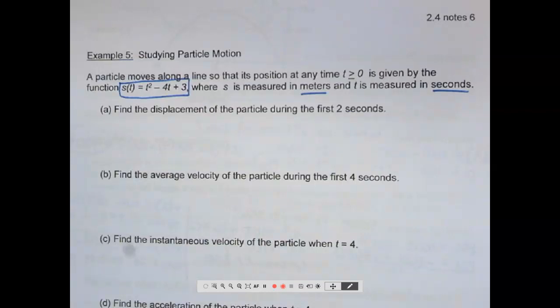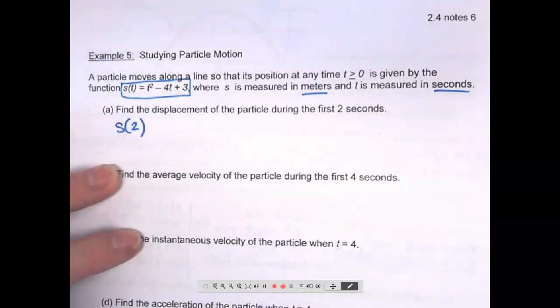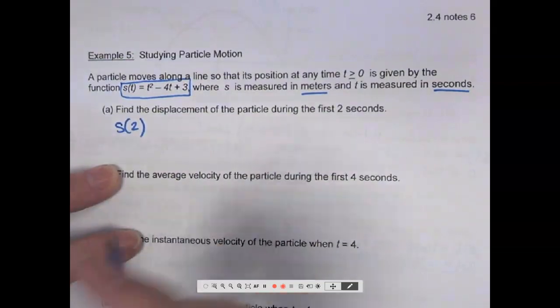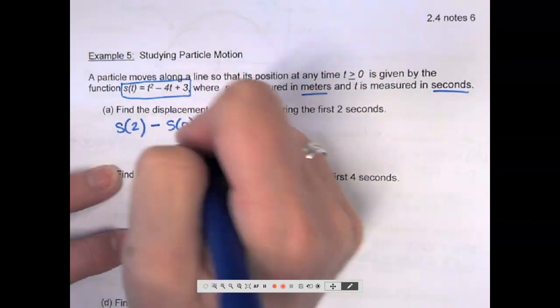What does displacement mean? Where I stopped minus where I started. Where I stopped will be my position at 2 seconds, minus where I started, my position at 0 seconds.